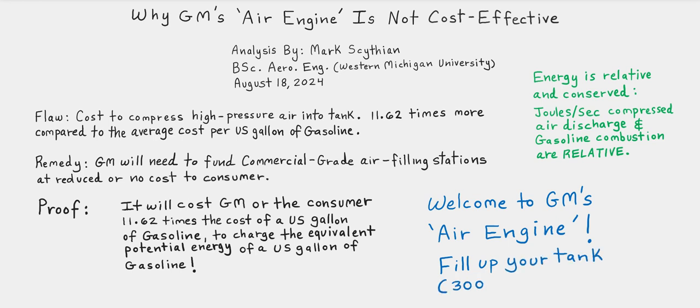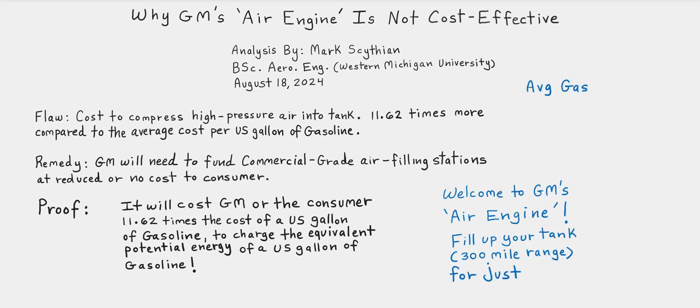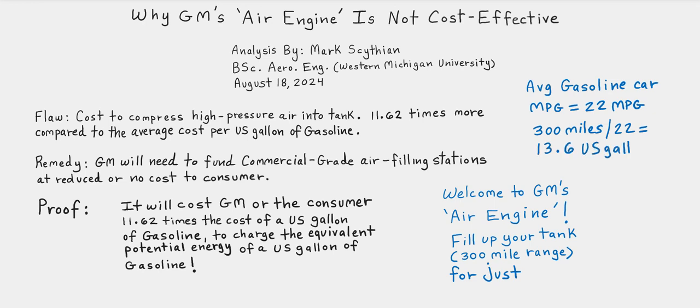Fill up your tank, 300-mile range for just, let's find out what this will cost. Average gasoline car fuel economy is 22 miles per gallon. So 300 miles divided by 22 is 13.6 US gallons. So we take 3.45 times 13.6 times 11.62.